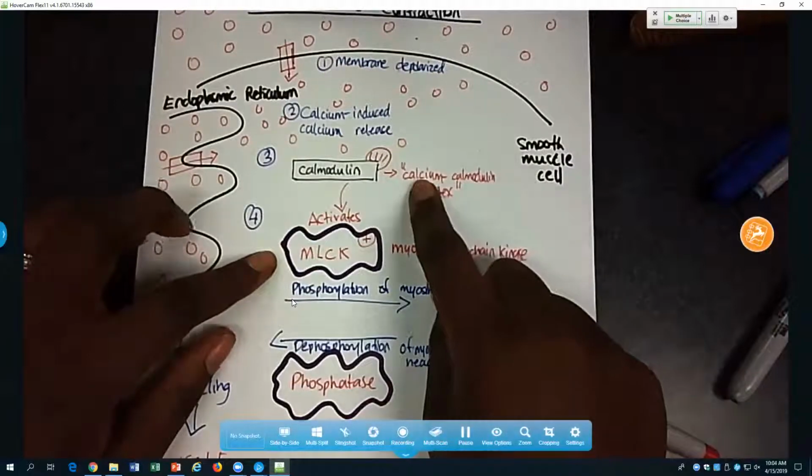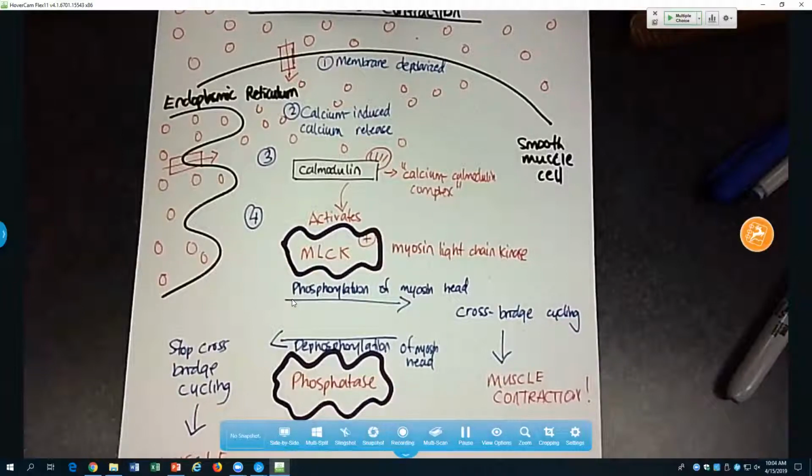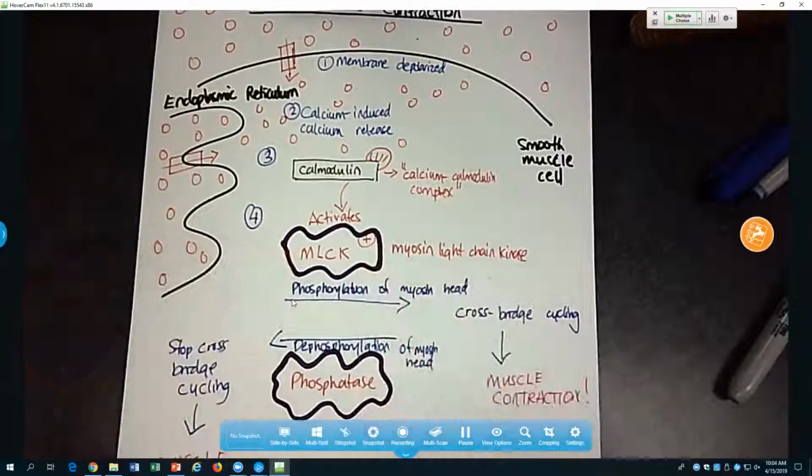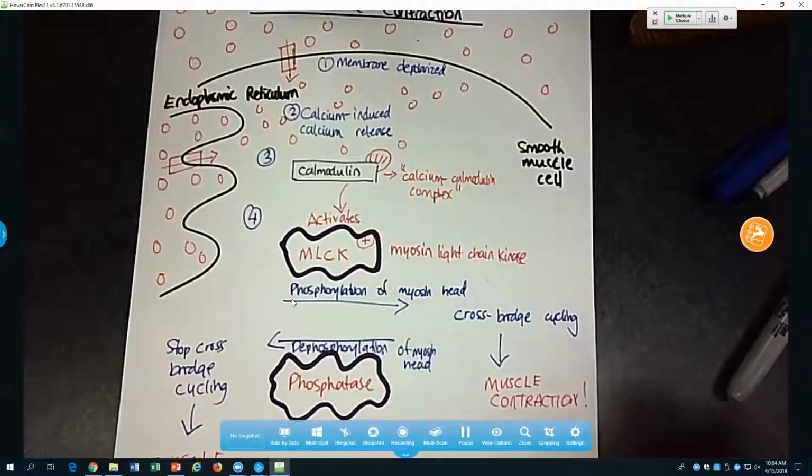So calcium comes in, it activates this calcium calmodulin complex, and depending on whether we have excess calcium, if we do have excess calcium, we're going to activate MLCK, and if we don't have excess calcium, phosphatases will be activated. They'll go and grab those phosphate groups off of the myosin head and cease muscle contraction. Okay. All right. So in that way, calcium essentially regulates or turns on, turns off smooth muscle contraction, similar to the way it did in skeletal muscle.